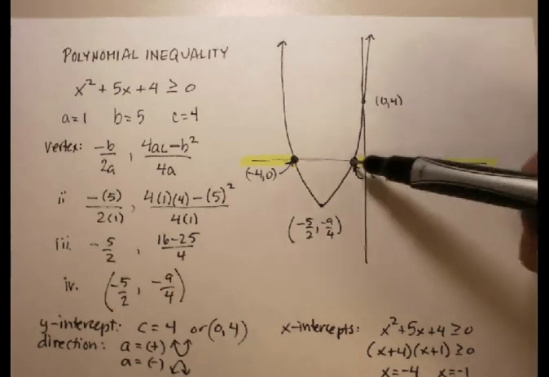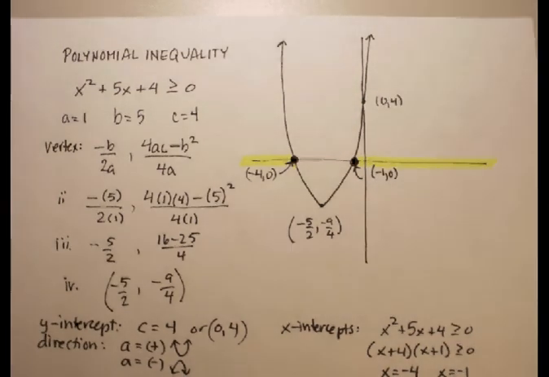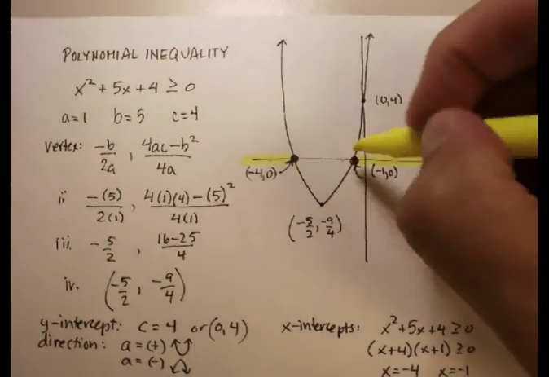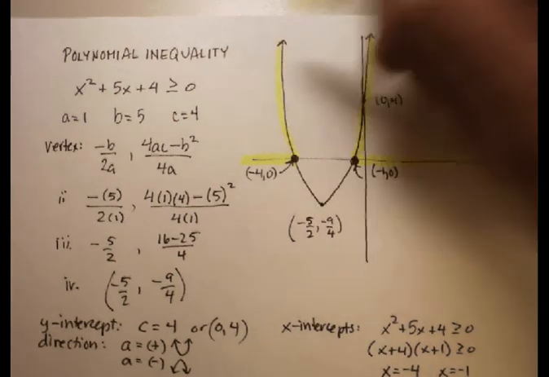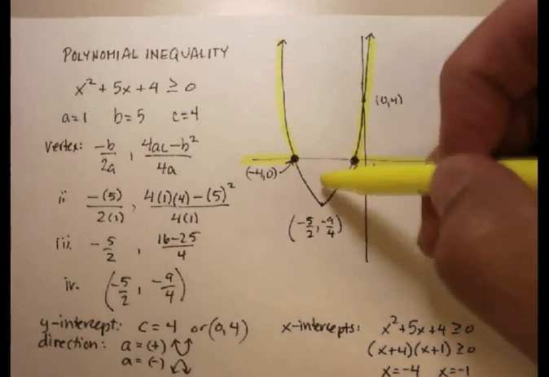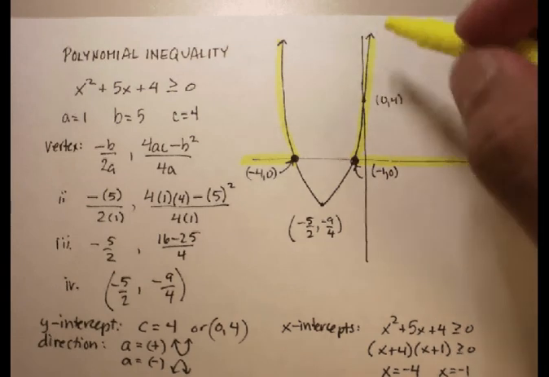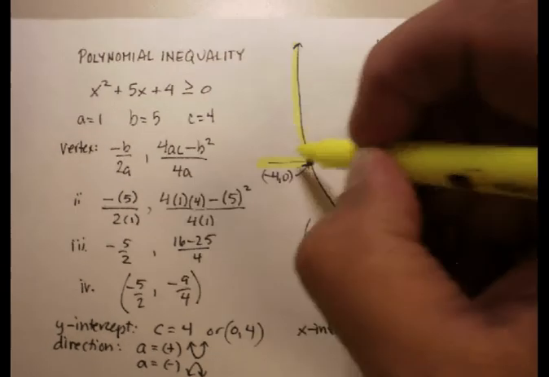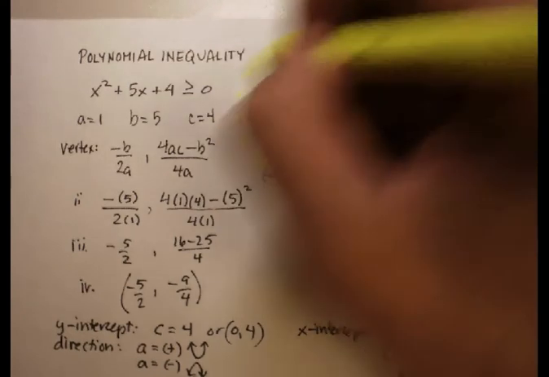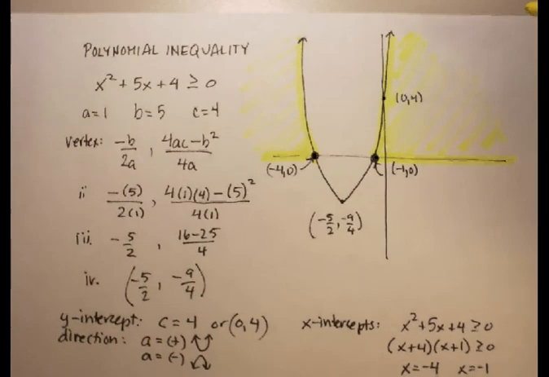So you go to where y is 0 and shade up. And so we're going to do this, and we're going to do that. Now notice we're not going to shade inside there, because we already proved that inside the parabola it's not going to work. Basically everything inside this shaded area is going to make my inequality true.